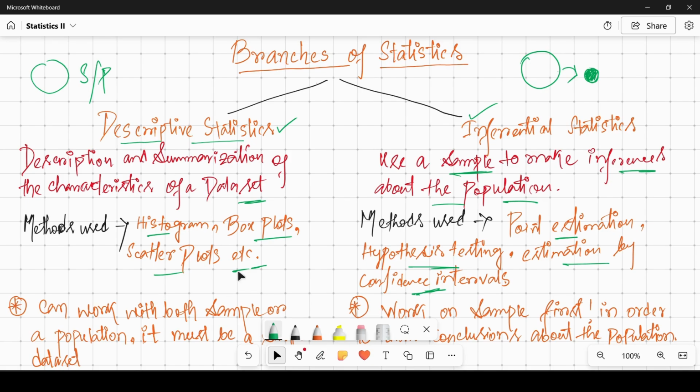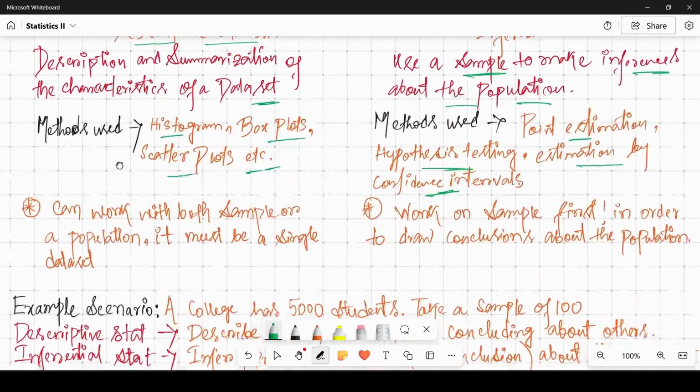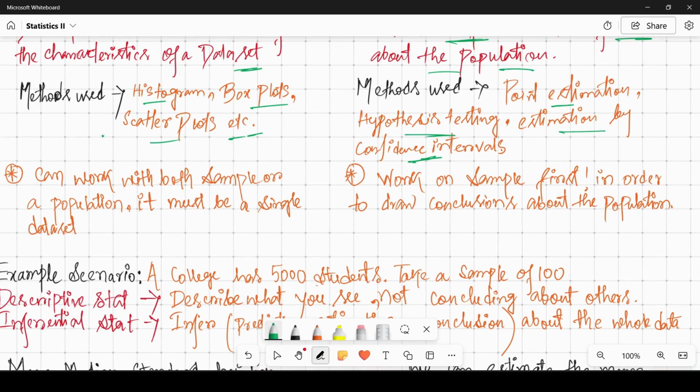So you see that descriptive statistics can work with both sample and population, and that is very much correct, because descriptive statistics is only interested in working on a specific data set, on a single data set. It should be acting on a single data set, and this single data set can be a sample itself, can be a population, it can be anything.